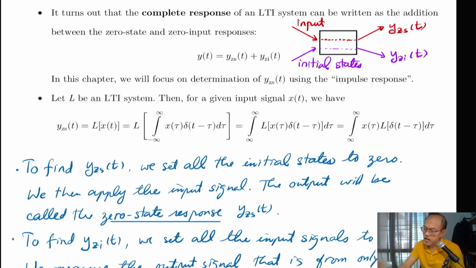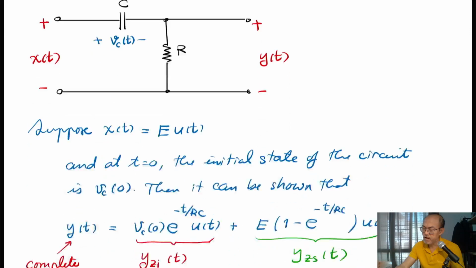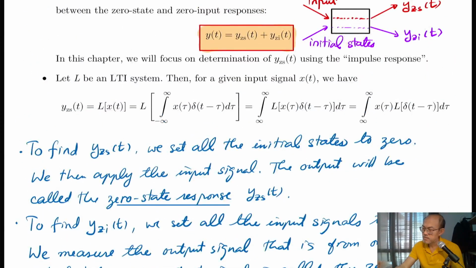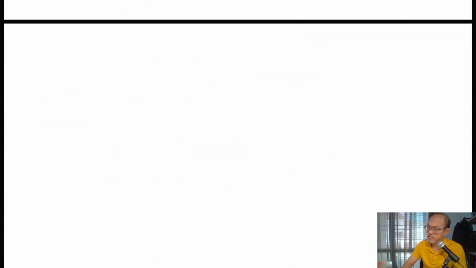Now, this is important. Now it turns out that you can find the zero state response from an LTI system. Suppose L is an LTI system.